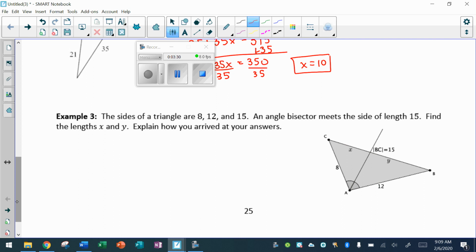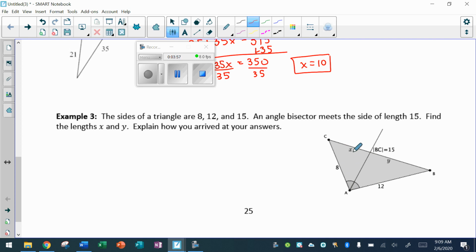Okay? So it says in the triangle below, I have sides of 8, 12, and 15. The angle bisector meets the side length of 15, and I have x and y as my two segments. Find both x and y. Well, two variables, then I probably better have myself two equations.